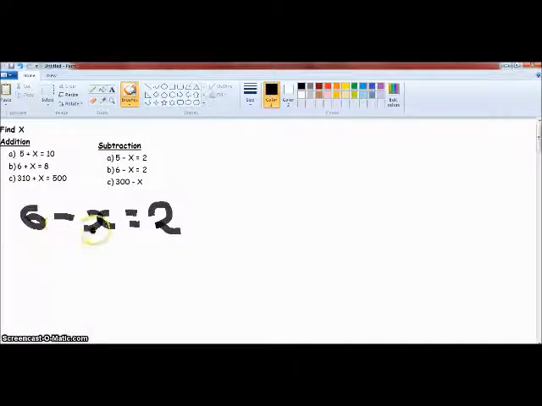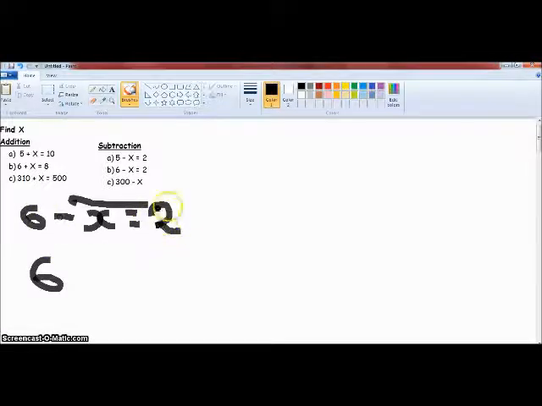6 minus x equals 2. So again here it is the x having the minus sign, so this x has to move to the right side, and the 2 has to move to the left side, so that one side will only have x. So we are going to have 6.